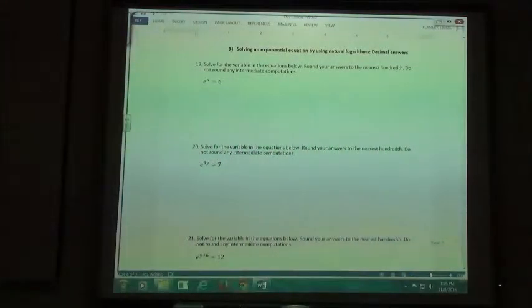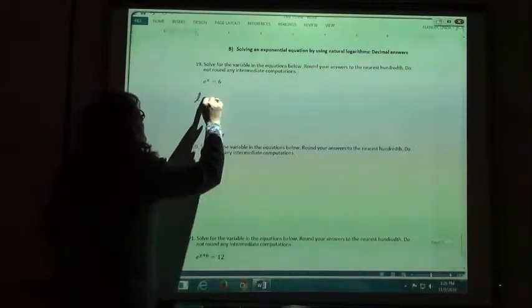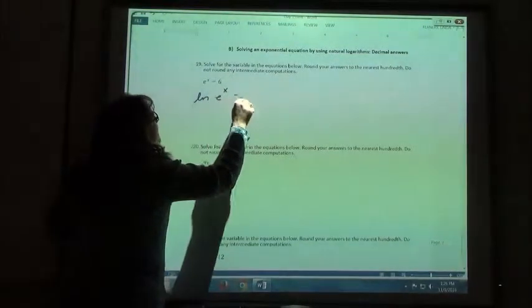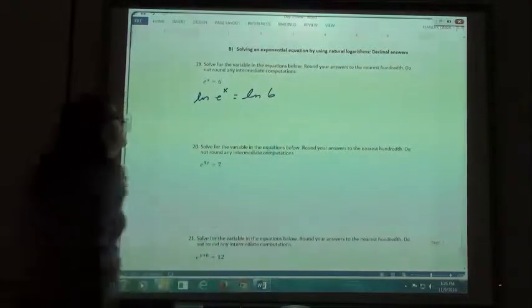All right. Now we're going to do base E ones. When you have base E problems, same kind of thing, you want to get that exponent out and put it in front, but instead of doing the log, you're going to do the inverse of base E, which is the natural log. So the natural log of e to the x equals the natural log of 6.